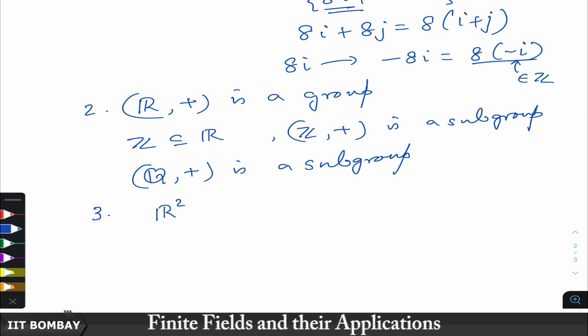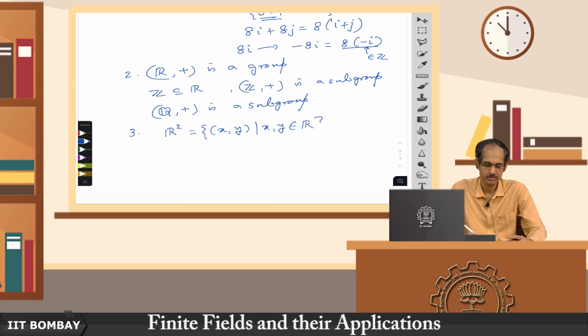Right. Now, take R2, we know that under component-wise addition it forms a group. What is this R2? It is the set of all pairs of real numbers (x, y), where x, y belong to the real set. This is a group. This is the real plane actually, the set of all two-dimensional vectors. Now, if you take only the x axis, it is a subset of this real plane. What is the x axis as a set?